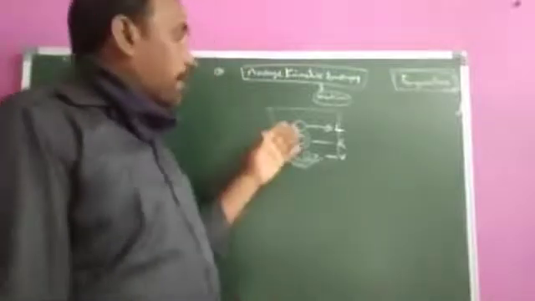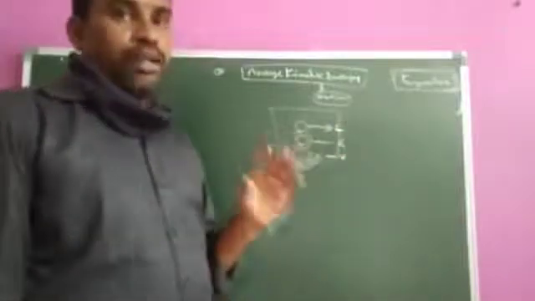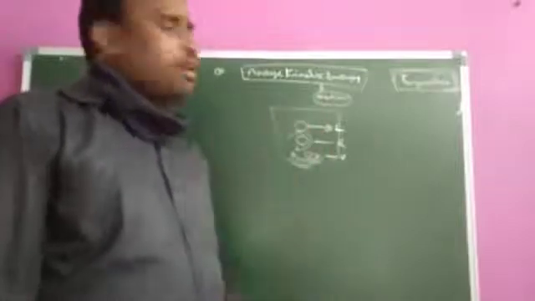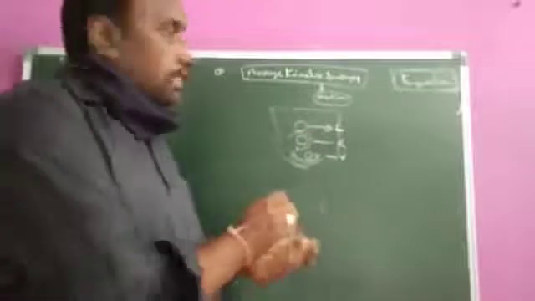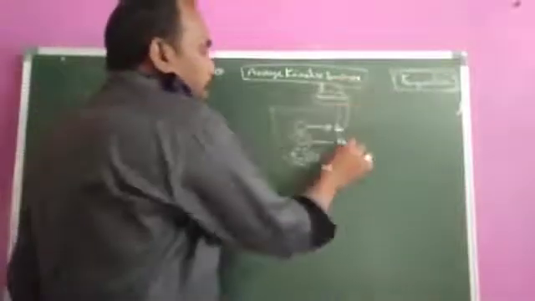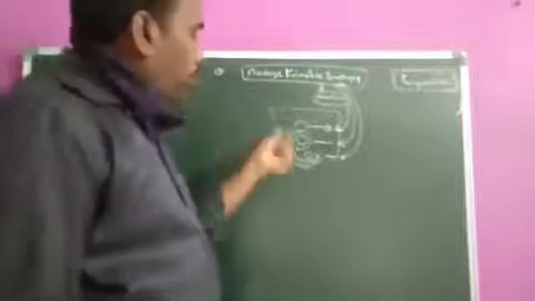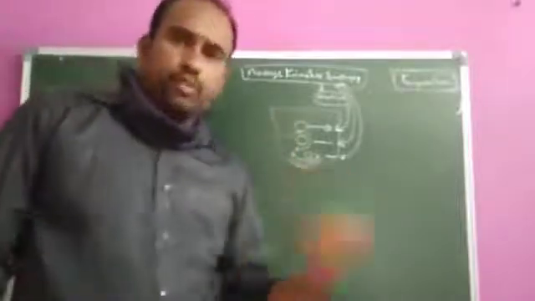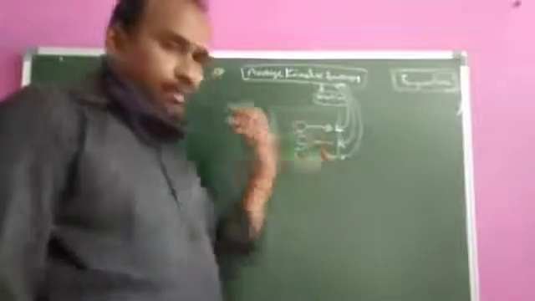So the gas particles are moving in 3 different ways, either linear, rotatory or vibrational. In all 3 motions they possess which energy? Kinetic energy. That means one particle is sometimes moving linearly, sometimes rotationally, sometimes vibrationally.